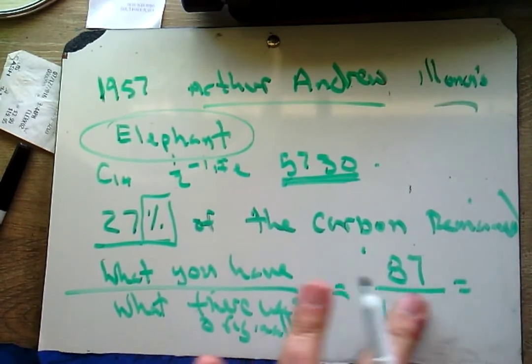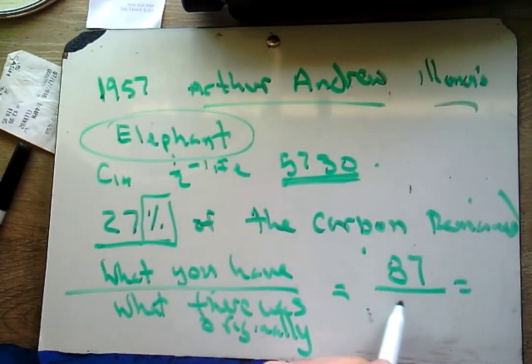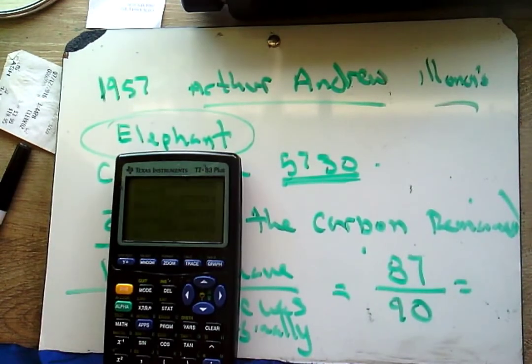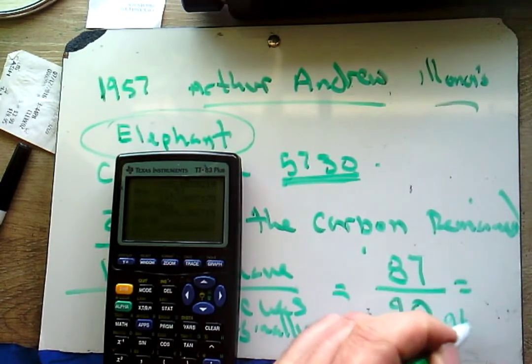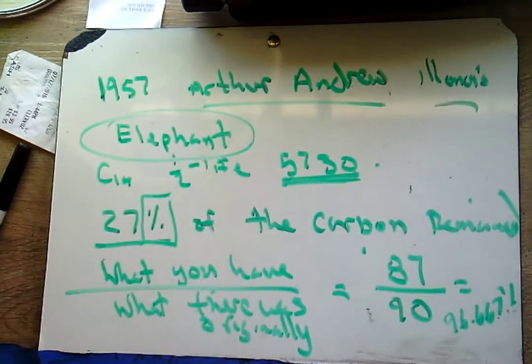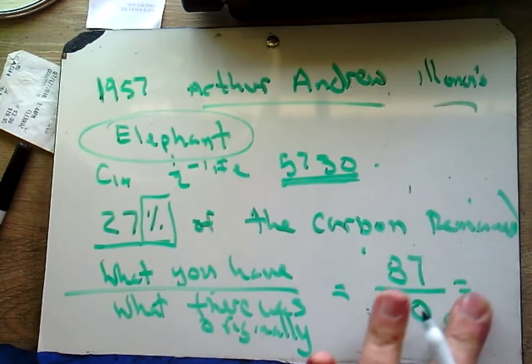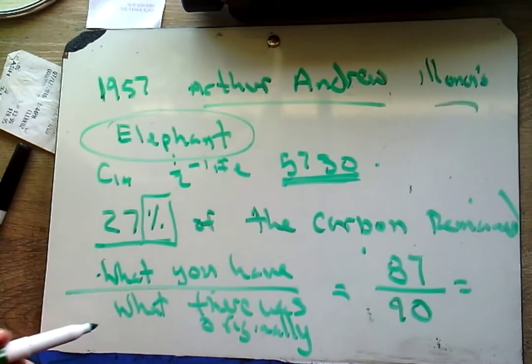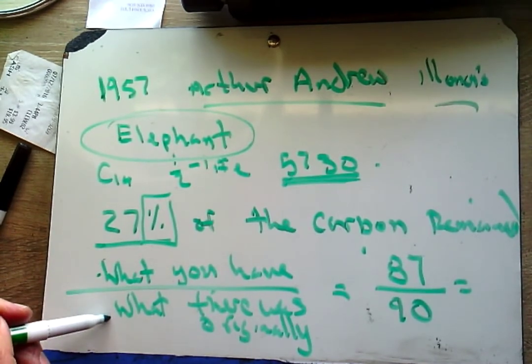But if originally there were 90 points on your test, then again, the percent is going to be 87 divided by 90. We can certainly check that on my calculator. 87 divided by 90, and I get 96.667%.